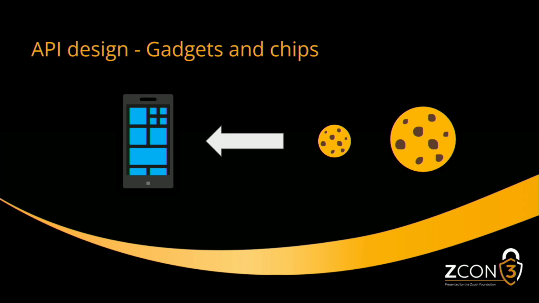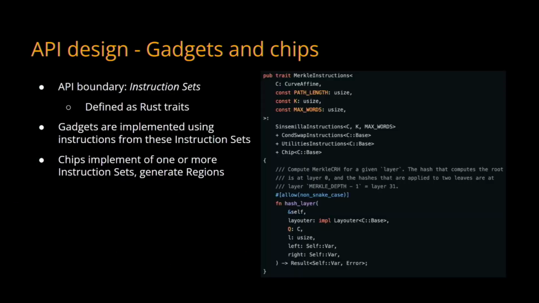Or you might have something that takes a bunch more space, but gives you significantly better performance. Similar to how you might do a similar thing with a silicon chip. You might have power optimized chips or performance optimized chips. And so what we do to enable this is we define the concept of an instruction set.